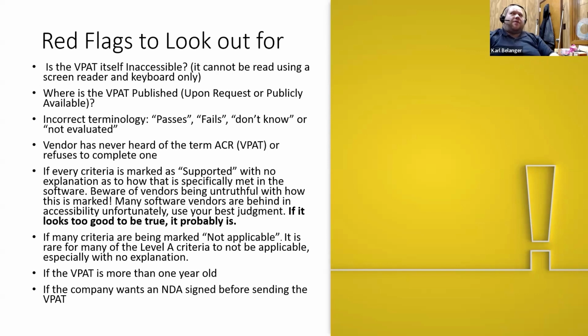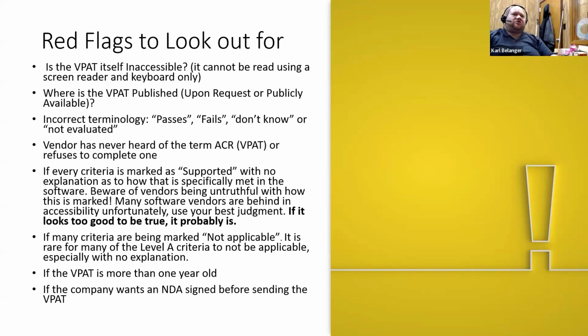And if the company wants an NDA signed before showing you the VPAT, chances are they may not want to reveal the accessibility state of their product, or they may have something to hide in that circumstance.